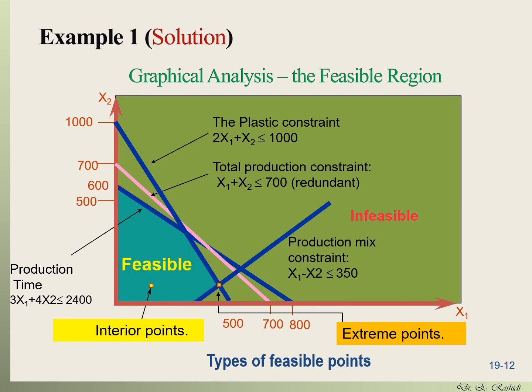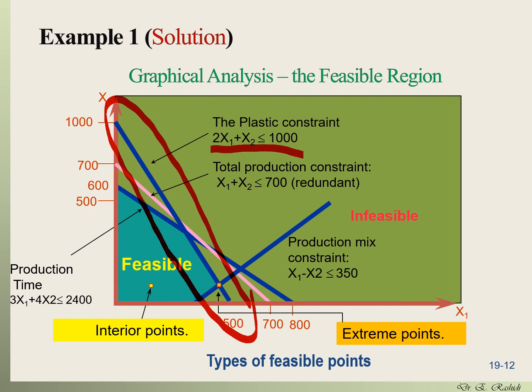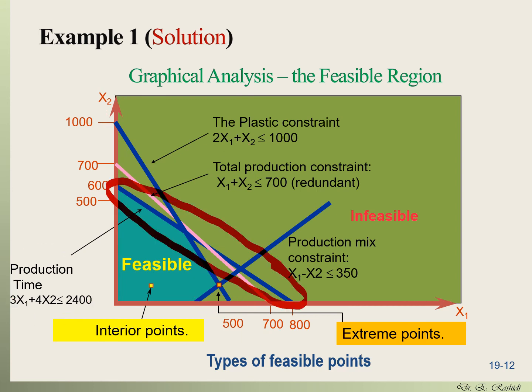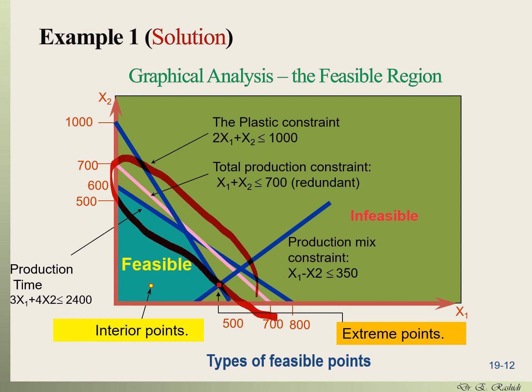For example, this line is x1 minus x2 less than 350. This line is 2x1 plus x2 less than 1000. And this constraint is x1 plus x2 less than 700, which was not really changing the feasible space.